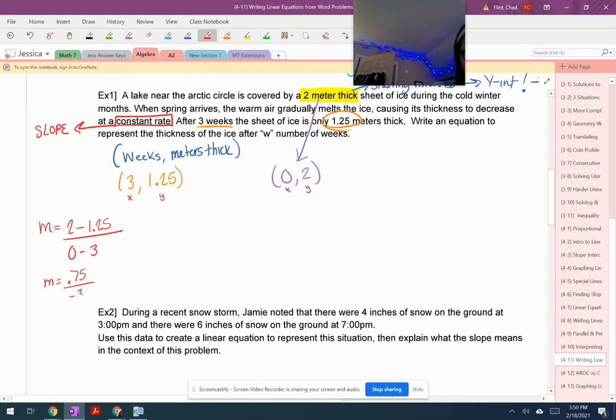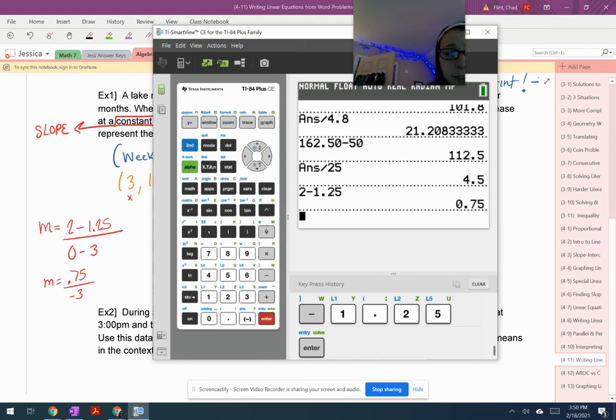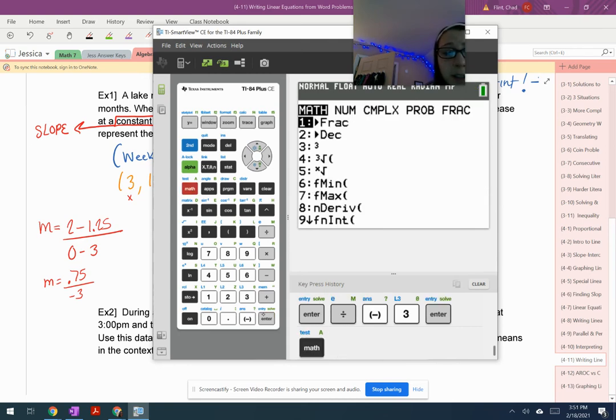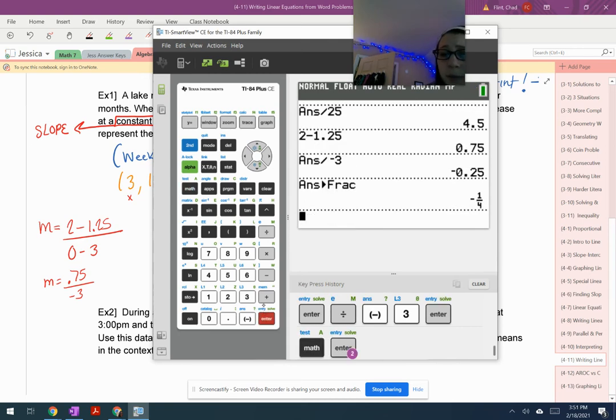And 0 minus 3 on the bottom is negative 3. So 0.75 divided by negative 3 gives us, remember we want our fraction as a slope, negative 1/4.